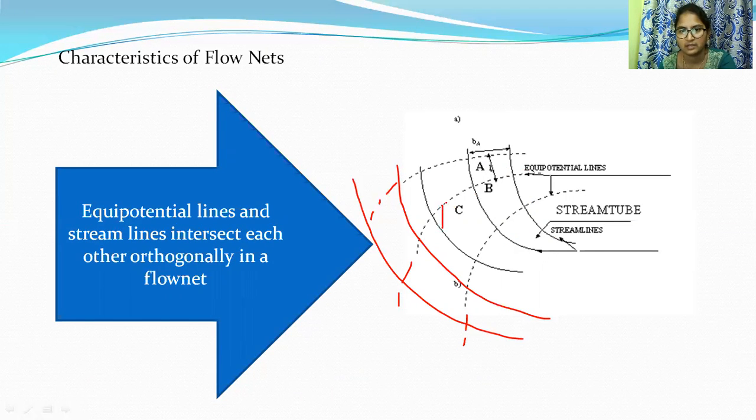We can select a small area whose width is b and length is l. This is the flow field.